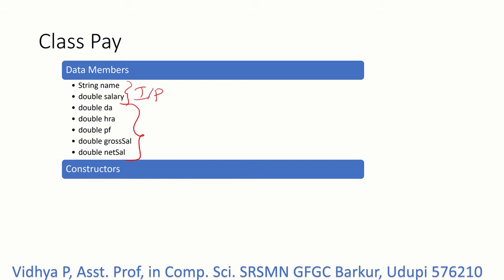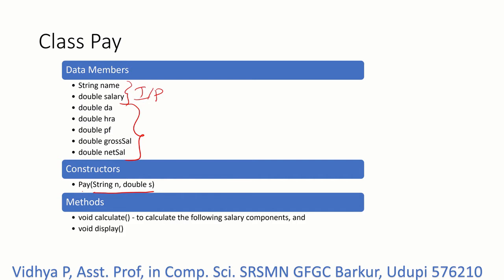Now we should also define a constructor Pay with these two inputs, that is string name and double S. So name, whatever you have taken as input, should be passed as an argument to this Pay constructor. Then we want two methods, void calculate to calculate the salary components, that is your DA, HRA, PF, gross salary, and display to display all the details.